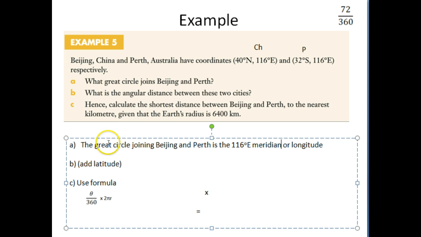And that's what you need to say in your solution.